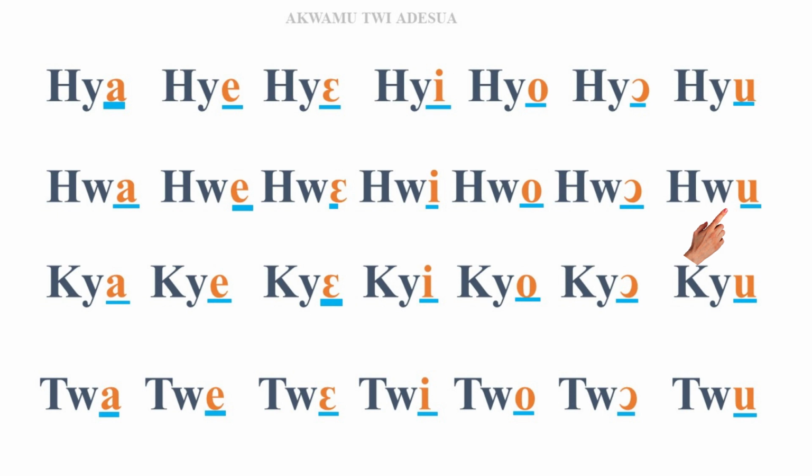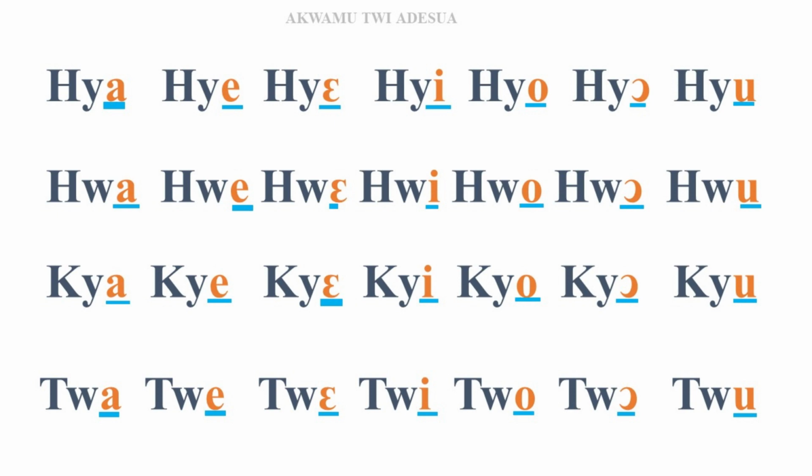Here you have to understand the various sounds each of these special characters give, and then you introduce the vowels to it. We have the KY. In our previous lesson, we said the KY also gives us the ch sound.